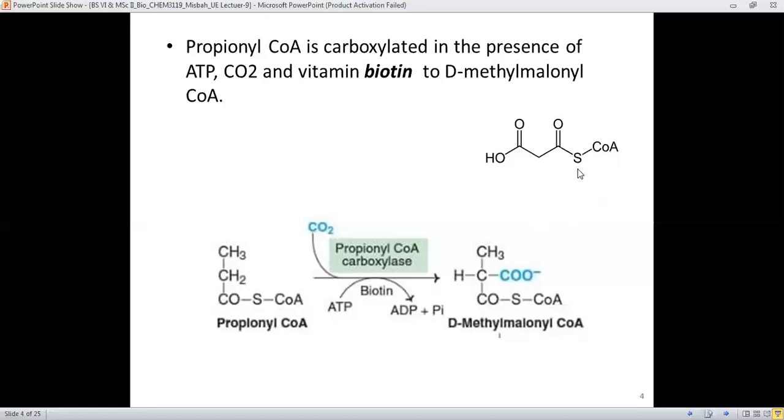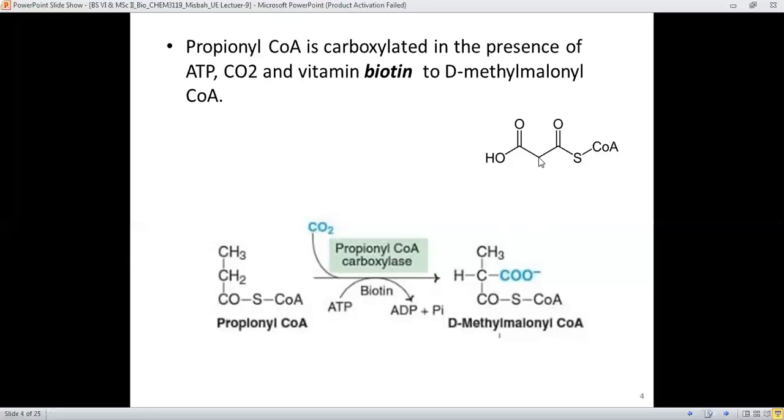It has S-CoA, then this carbonyl functionality, then this active methylene group. But at this active methylene group, the functionality is replaced by the asymmetric carbon having hydrogen, methyl group, and carbonyl.